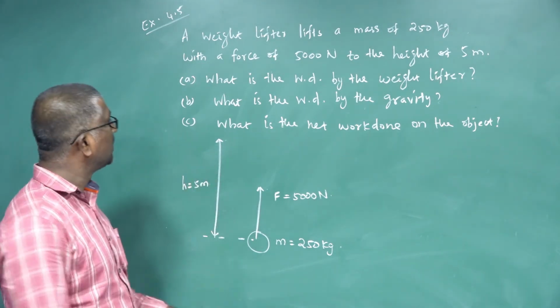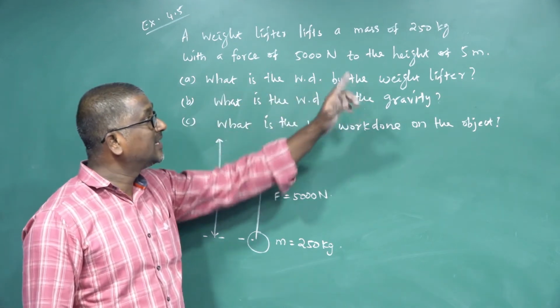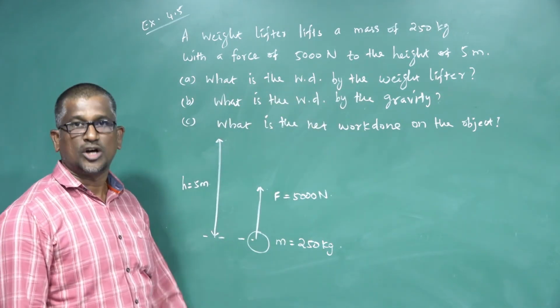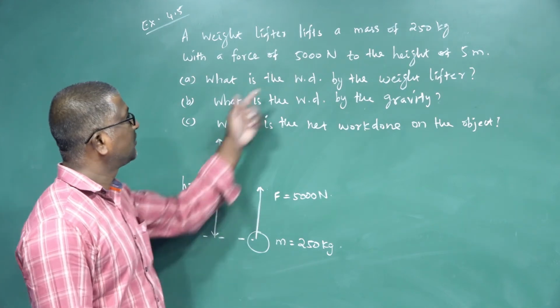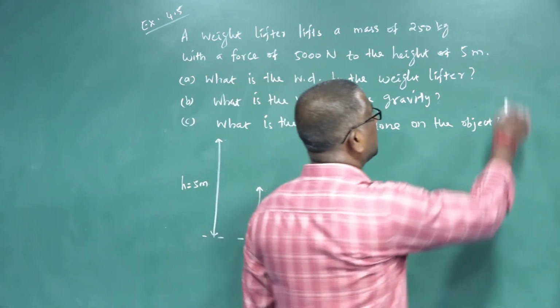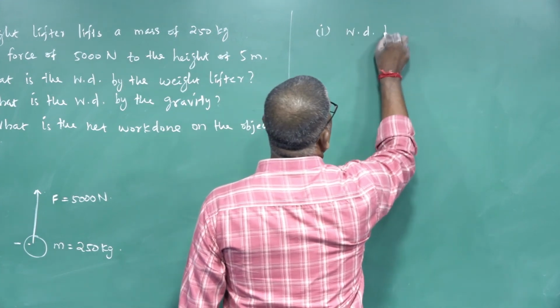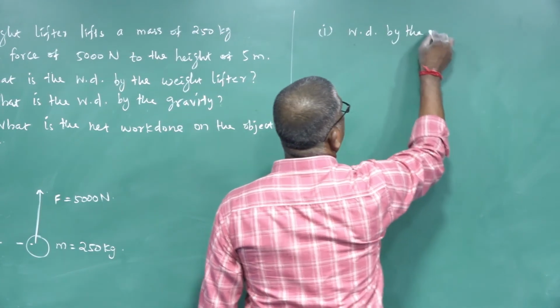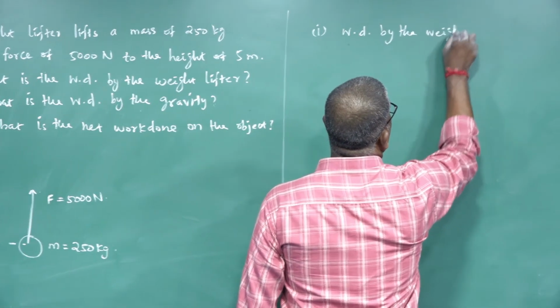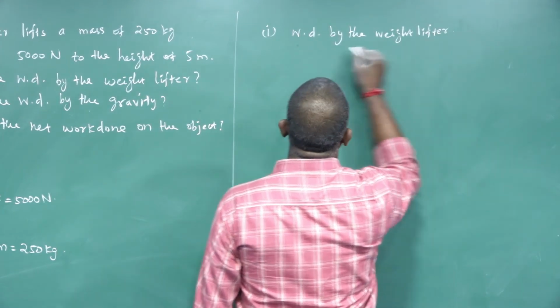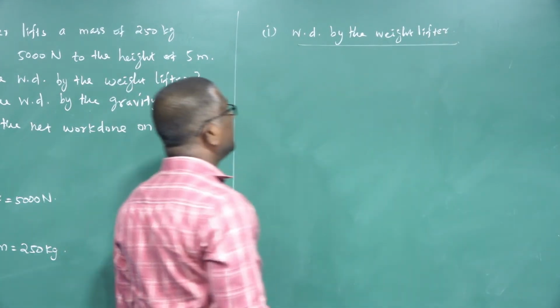So from this question, we need to calculate work done by the weightlifter, work done by the gravity, and net work done on the object. First, work done by the weightlifter.